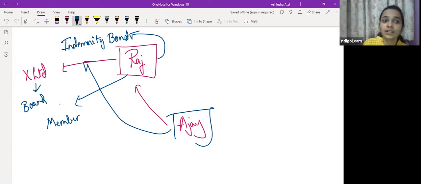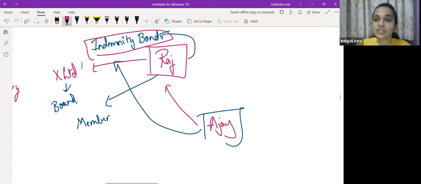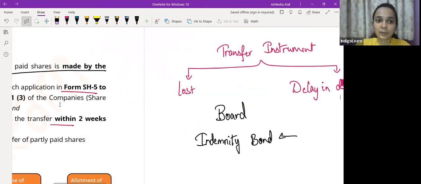So in a situation where the transfer instrument is lost or destroyed, the transfer may be registered if the board may think fit on signing of an indemnity bond. So ये indemnity bond के बिना transfer register नहीं होगा in a situation where the transfer instrument is lost or there's a delay in delivery of the transfer instrument.